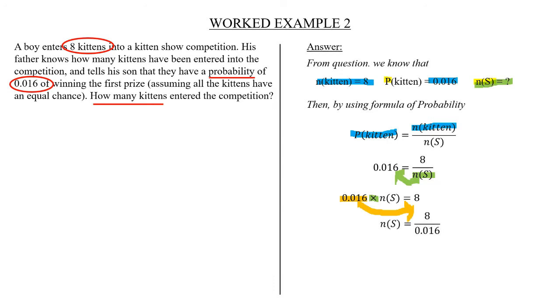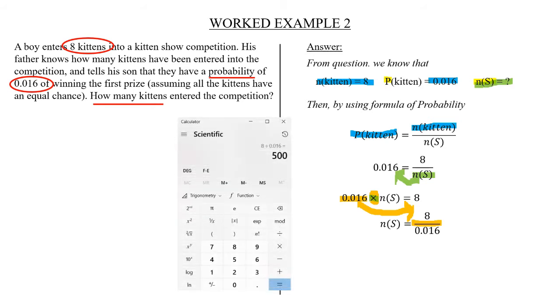Using the calculator, or you can do it by hand, 8 divided by 0.016 is equal to 500. Therefore, 500 kittens enter the competition. You get it? Inshallah.